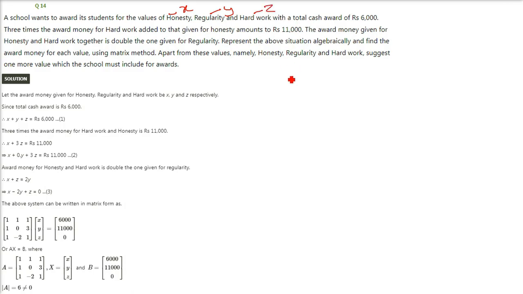The total cash award X plus Y plus Z is given as 6,000, right? 3 times the award money for hard work, Z, so 3 times Z, is added to the award money for honesty, X.